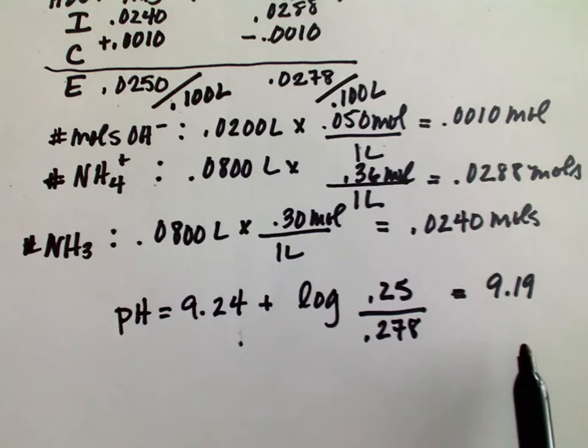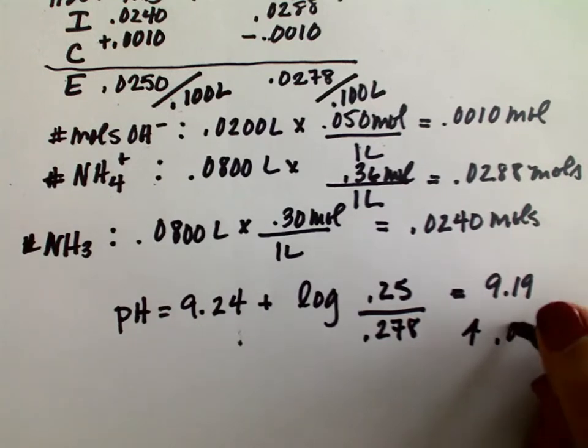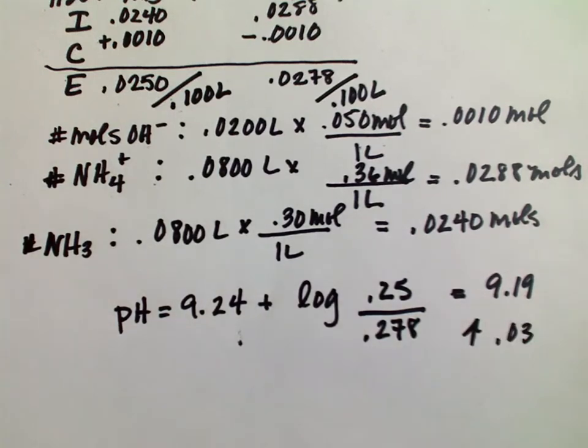So the original pH of this buffer was 9.16. So we have just had an increase in that pH of 0.03 pH points. So we essentially maintained the pH of that buffer system.